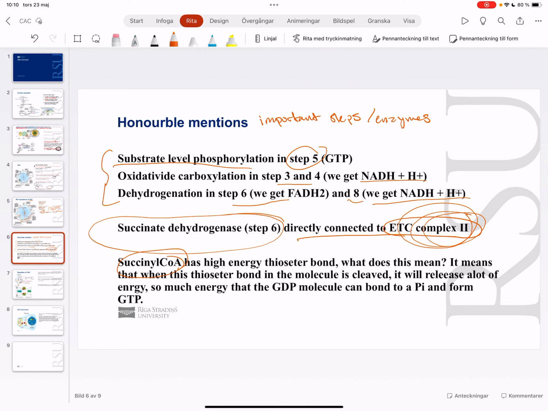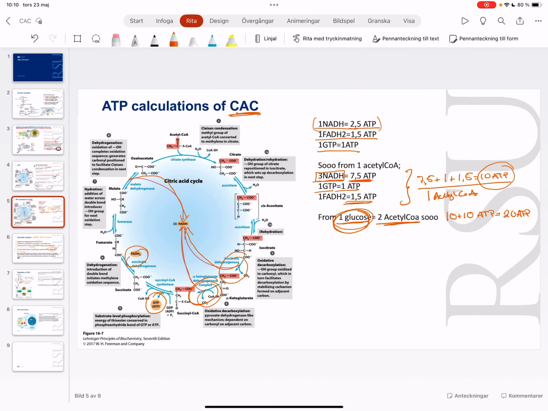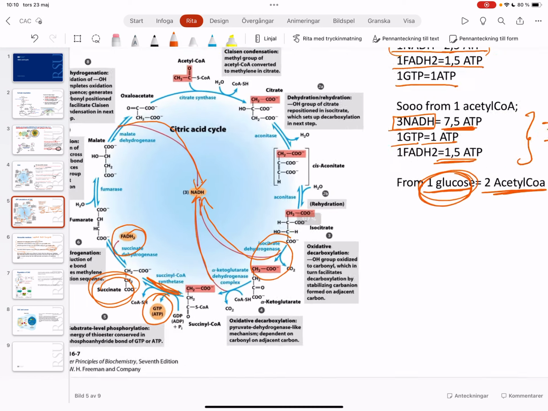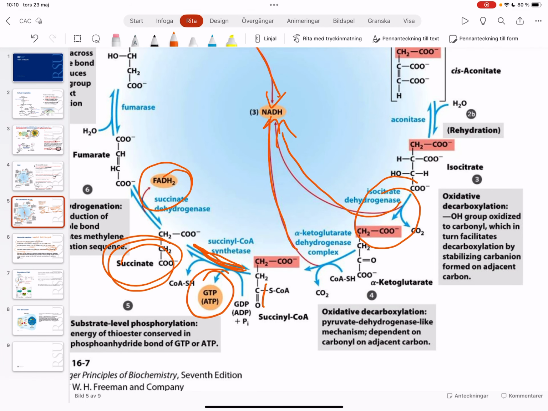succinyl coenzyme A, which is, where is it? This one right here. So you see here, succinyl coenzyme A goes through this reaction and it will form succinate. And as it does that, it will release energy. So breaking this bond will create so much energy that there will be a GDP just right here.